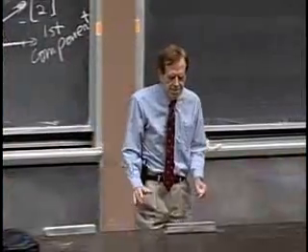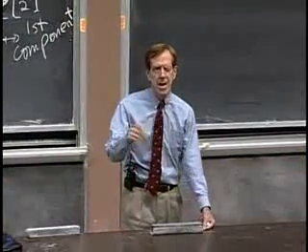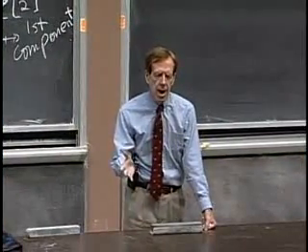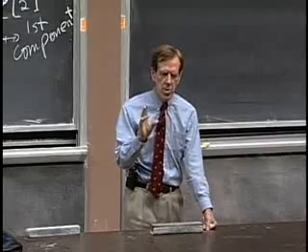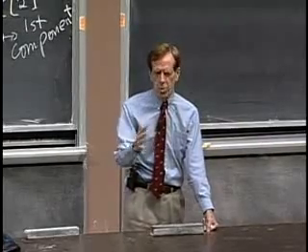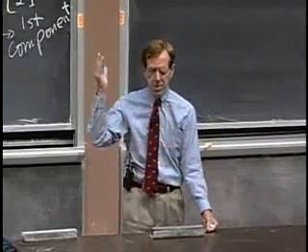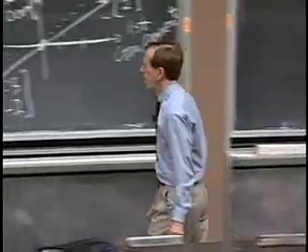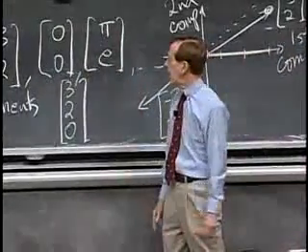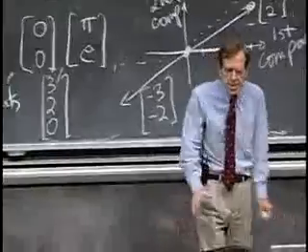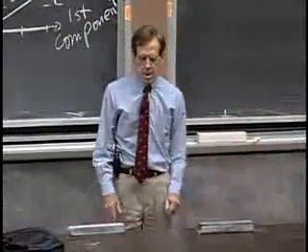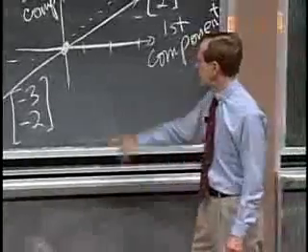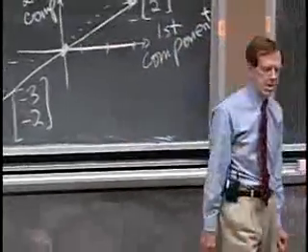Honesty requires me to mention that these operations of adding and multiplying have to obey a few rules. Like we can't just arbitrarily say the sum of 3, 2 and pi, e is 0, 0. It's not. The sum of 3, 2 and minus 3, minus 2 is 0, 0.